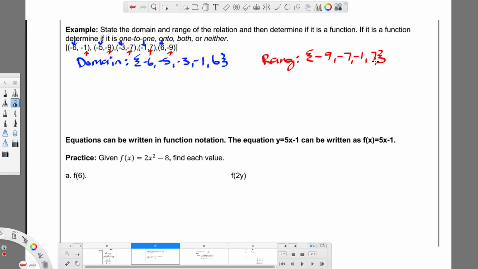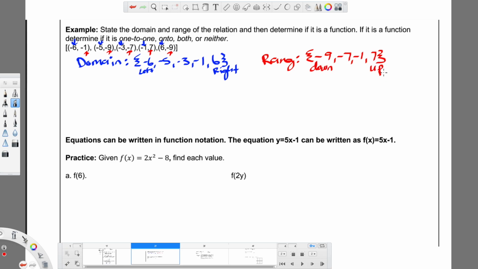If you notice, I didn't repeat -9. So what we're looking at is, this is left to right. So if I'm looking at a graph, I'm going to have to go to the left 6, so left 6 and right 6. So this tells me how big my graph needs to be really quickly. And then I'm going to go down to -9 and I'm going to go up to 7.